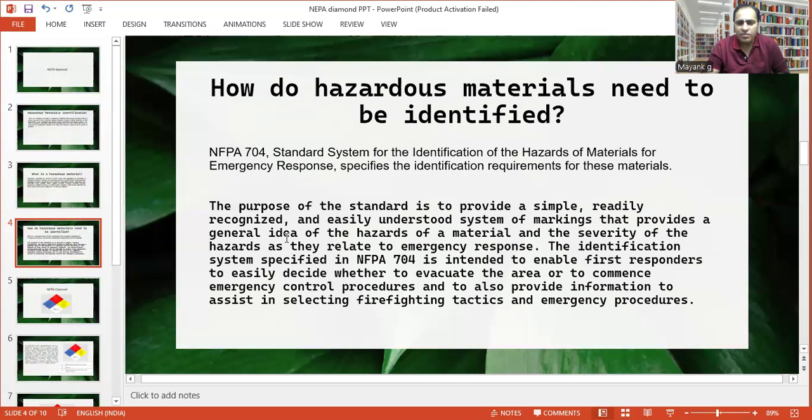This is very important because in case of any emergency, some sort of emergency response has to be planned. So these NFPA diamonds, this visual identification, greatly help in selecting firefighting tactics or any kind of emergency procedures. NFPA 704 is a standard system used for the identification of the hazards of the material for emergency response.